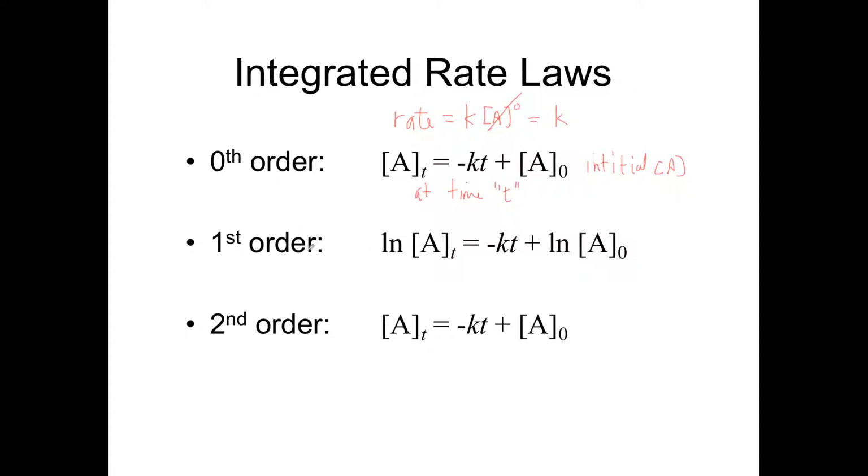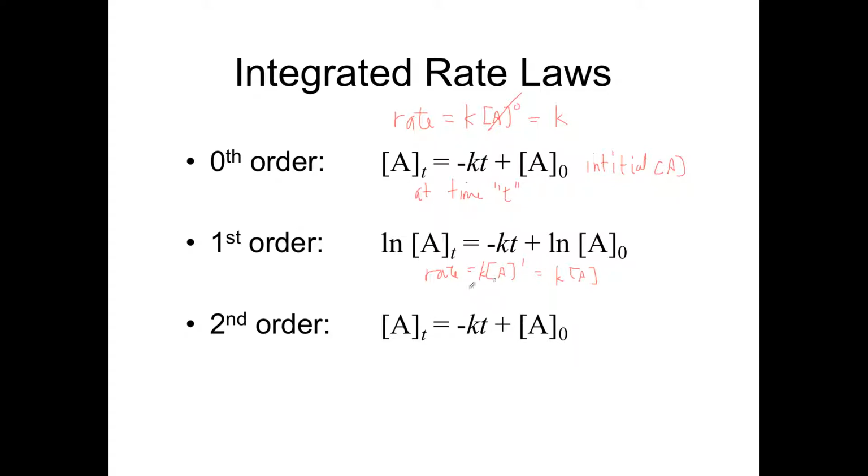All right? Now the first order integrated rate law, remember the rate law for the first order? It was rate is equal to k A to the 1, which is really just k times the concentration of A. Remember that?